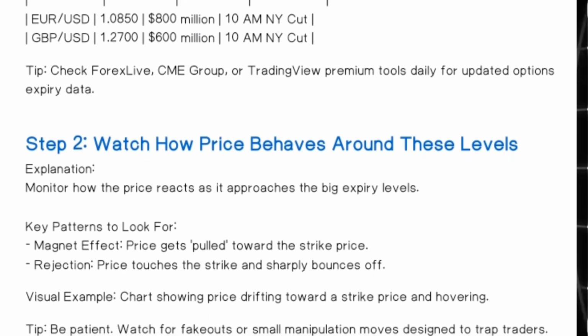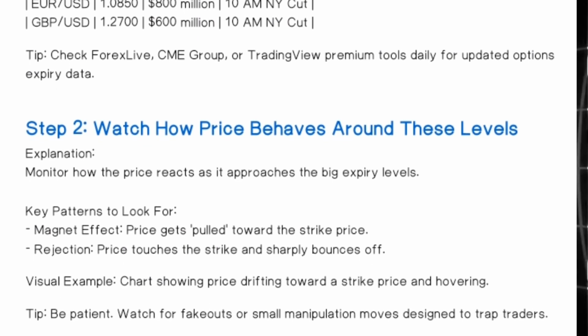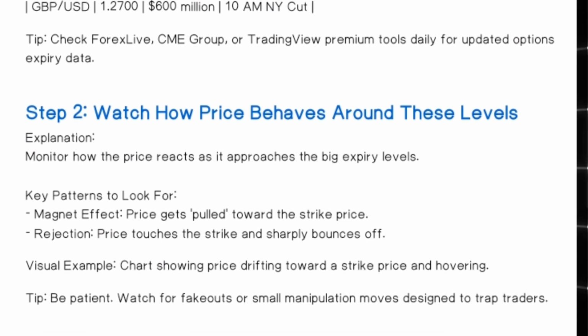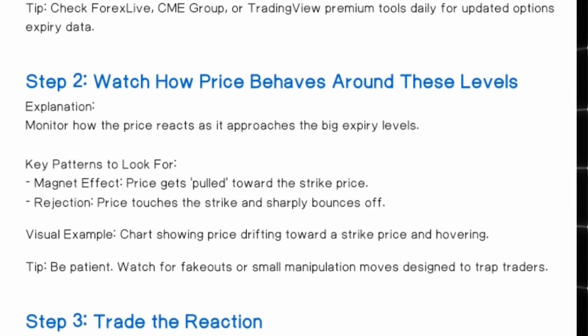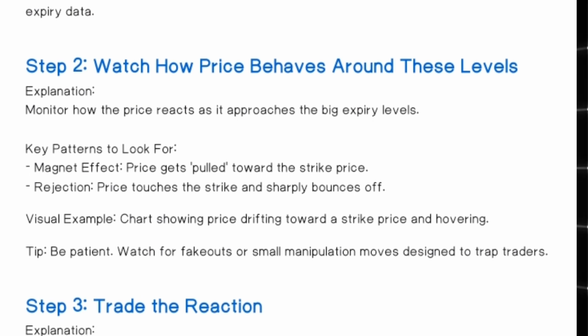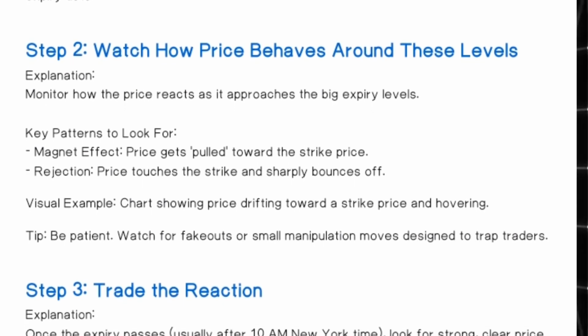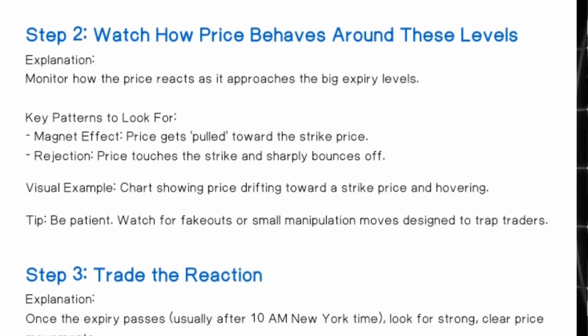Some quick pro tips about this: first, avoid trading aggressively before expiry, or if you are unsure, just wait for a confirmation. Second, you can combine expiry data with strong support zones, or whatever strategy you are using.